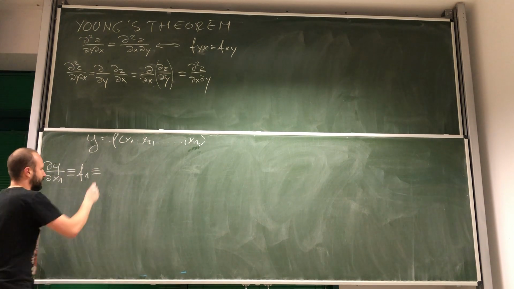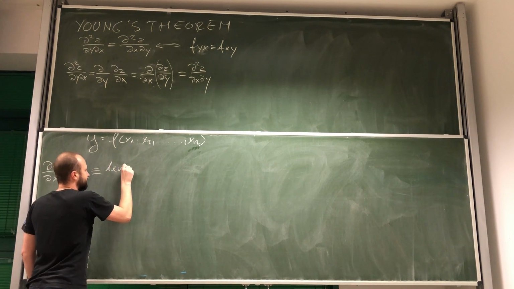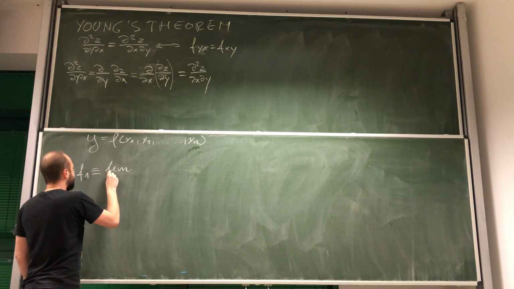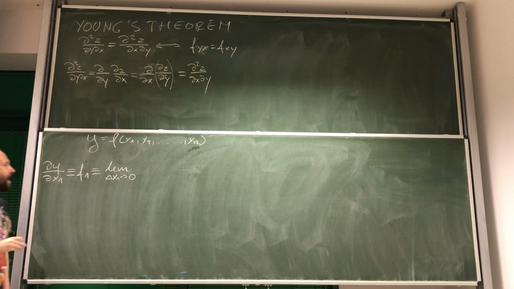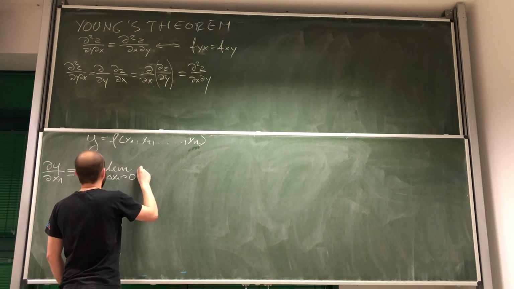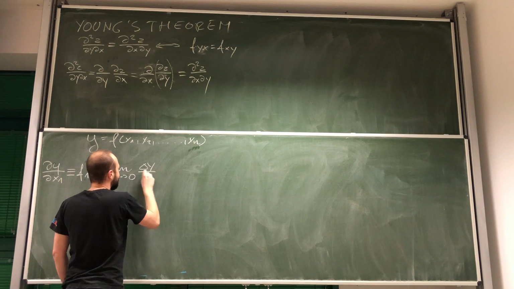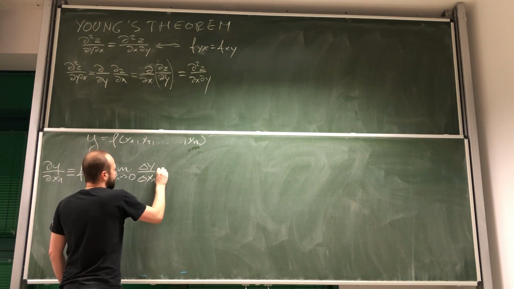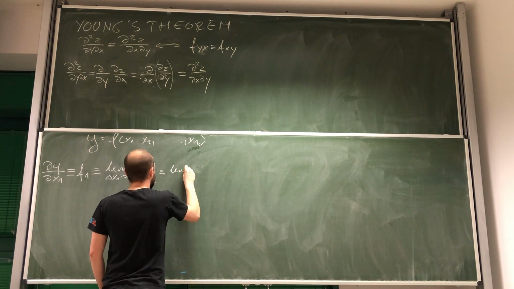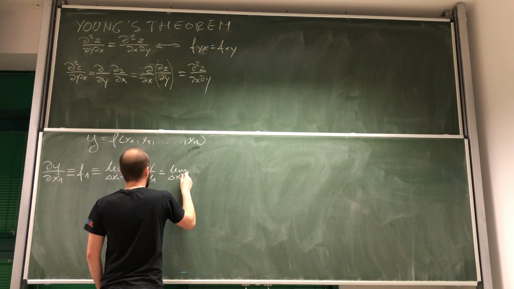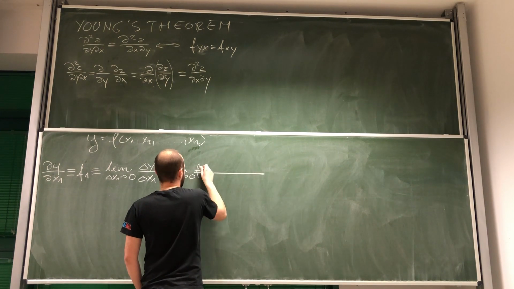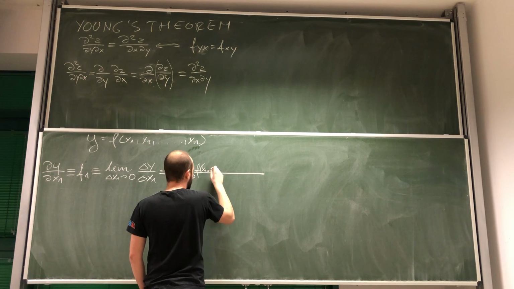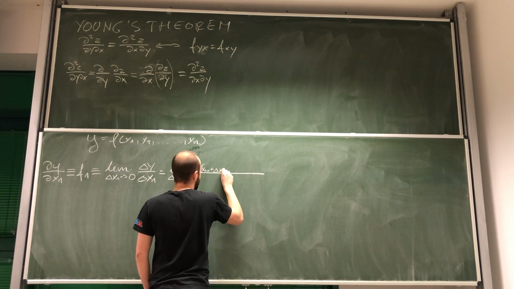By definition, this would be a limit with delta x1 approaching 0 of the difference quotient delta y over delta x1, or in other words, a limit with delta x1 approaching 0 of the expression f of x1,0 plus delta x1.